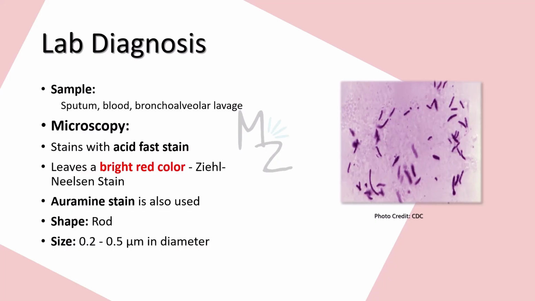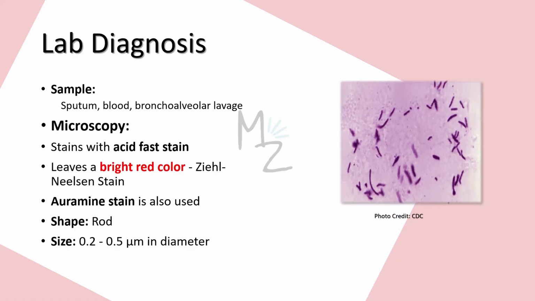Moving on to the next slide, we've got lab diagnosis. We'll definitely need some samples to diagnose this bacterium. We'll go for sputum, we'll go for blood, and bronchoalveolar lavage. On microscopy, we'll find that this bacterium does not stain with Gram staining. Instead, it's stained with acid-fast stain and leaves a bright red color with Ziehl-Neelsen stain.